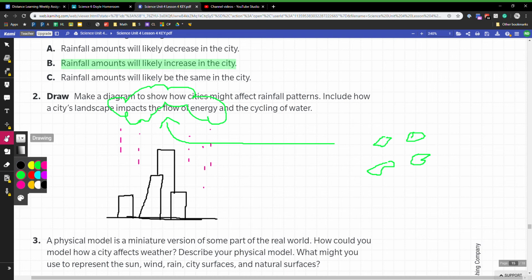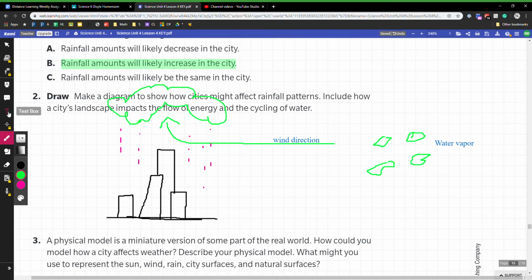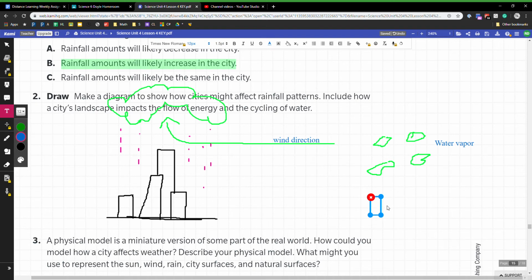In the most basic general idea, we have water vapor over here, and then we have the wind direction. Let's say we've got farmland over here, so this is a farm. We've got farmland, and we have water vapor that's in the air.